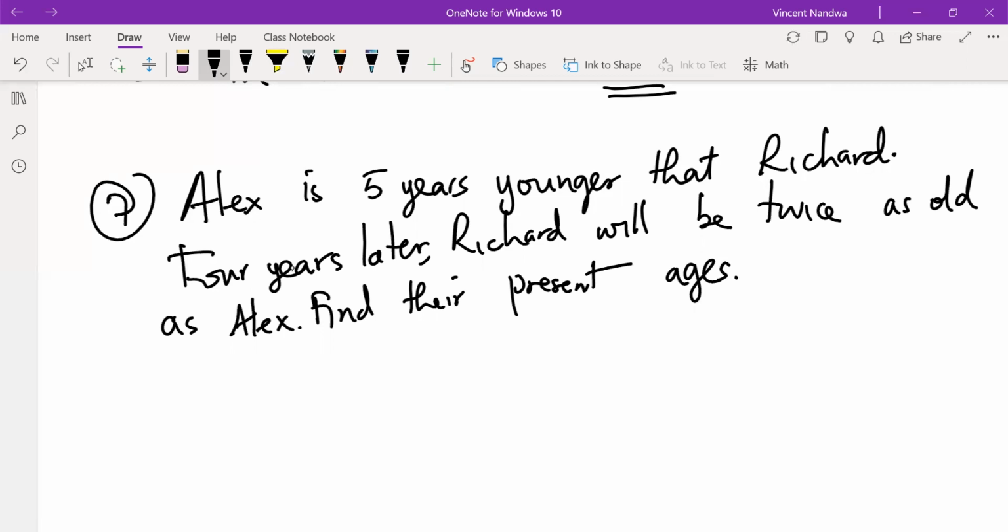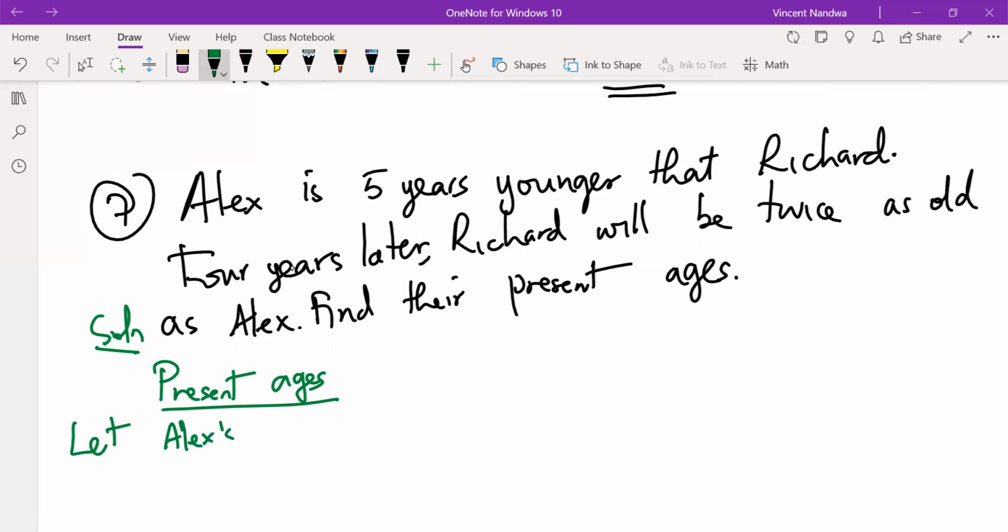Present ages. Alex is 5 years younger than Richard, while 4 years to come, or 4 years later, Richard will be twice as old as Alex. So here what we do, let's get the present ages and ages 4 years to come. So present ages. Let Alex's present age be X years.